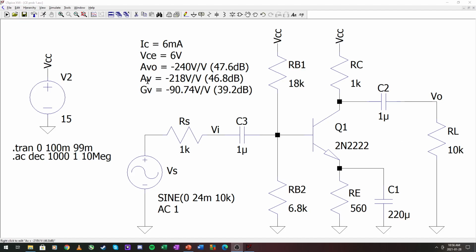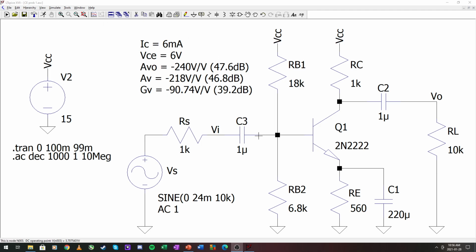Alright, I've set up my simulation. Note for the capacitors that I just used very large capacitor values. The design of these will be at a later stage. And here is our final design results.